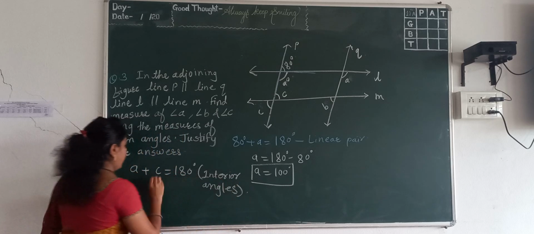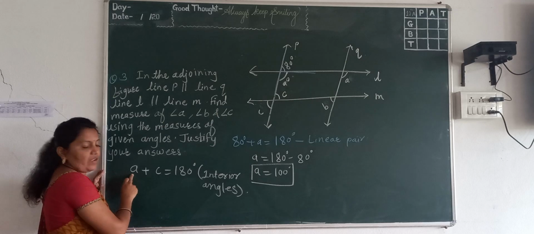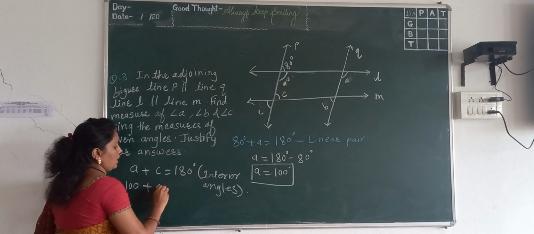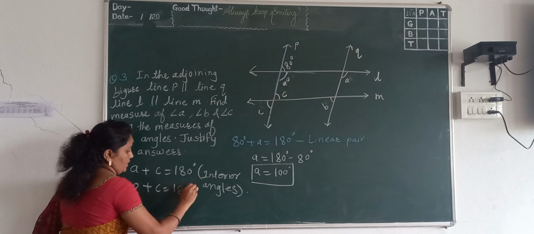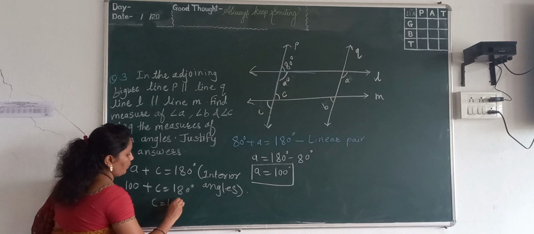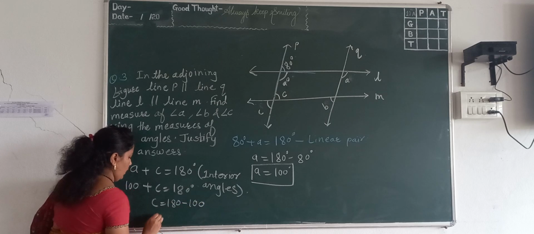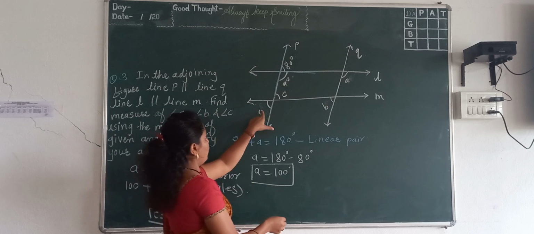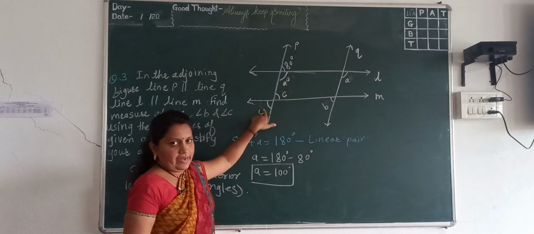The value of A is 100 degrees, plus C is equal to 180 degrees. Then 180 minus 100, so C will be 80 degrees.